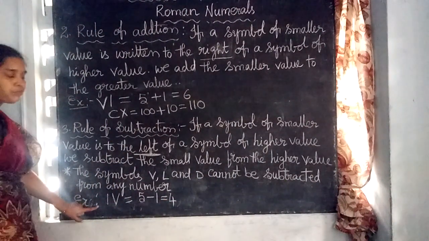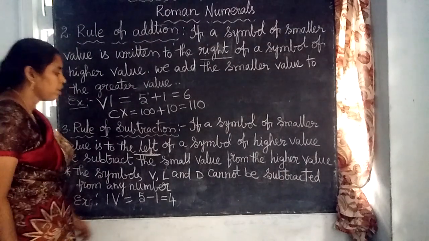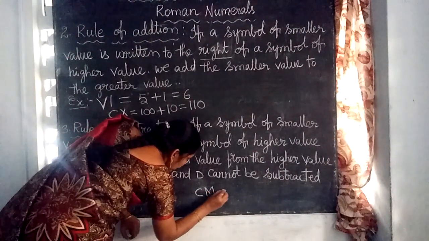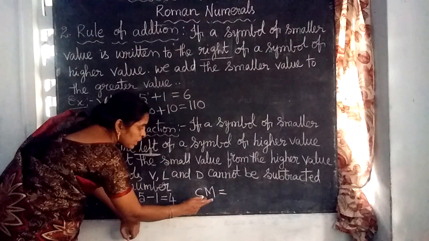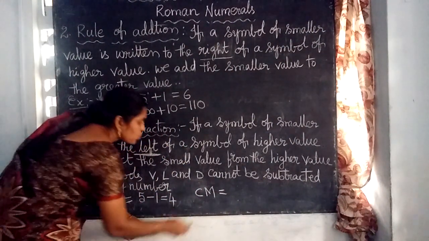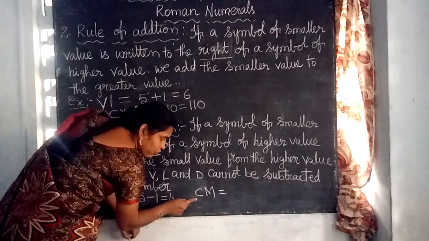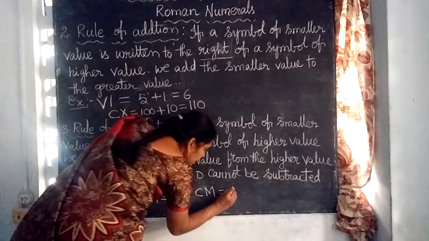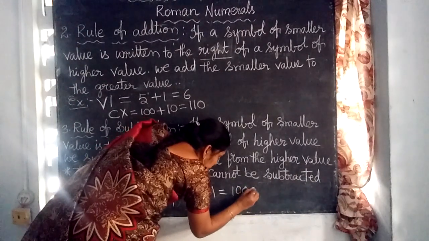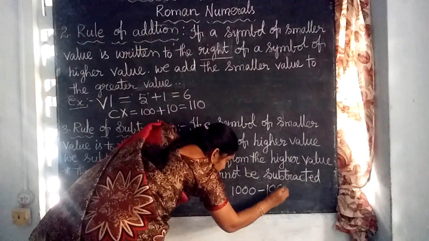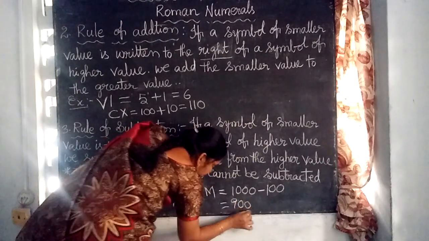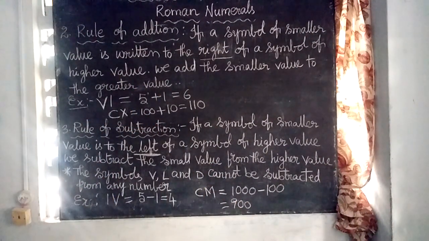Is it clear? Same way, CM. Here C stands for 100, M stands for 1000. So on the left side of 1000, 100 is there. So you should subtract 1000 minus 100. So what is the value? CM means 900. Is it clear, children?